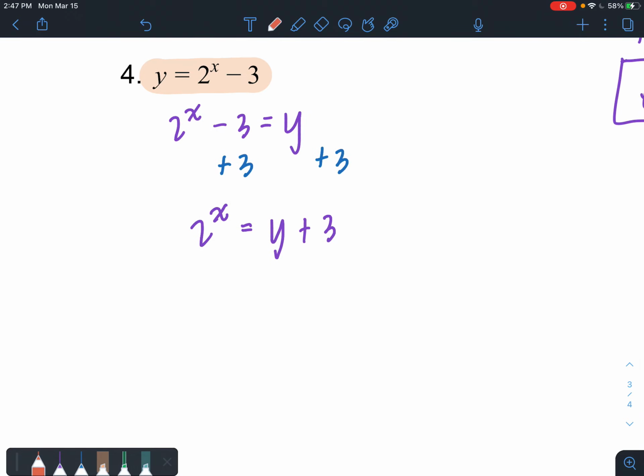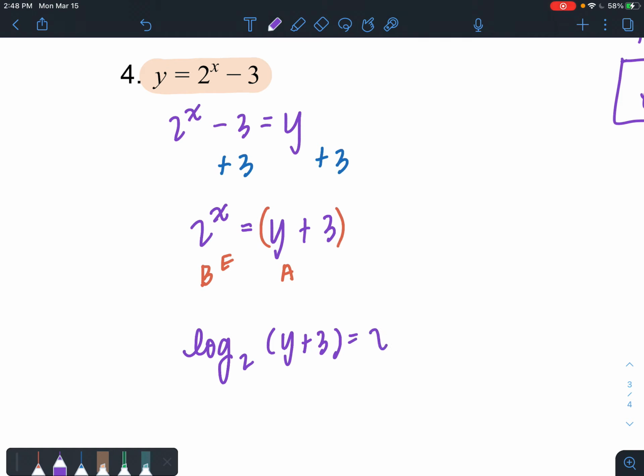Then I can do my base, exponent, answer, this whole thing here. So then I do B, E, A and I have log base y plus 3. Oh wait, no, log base 2. Log base 2 of y plus 3 equals x.